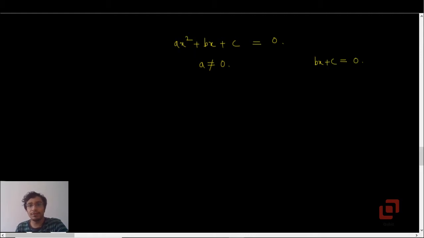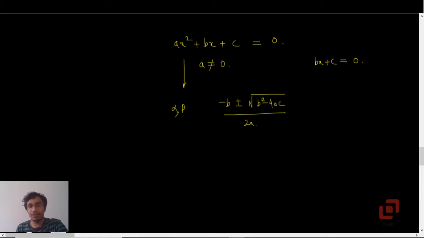It will then become a linear equation, bx plus c equal to 0. Then you solve this quadratic equation by the method of completing the square, and you get two roots. You usually call them alpha and beta, and these roots are given by minus b plus or minus root of b squared minus 4ac divided by 2a.